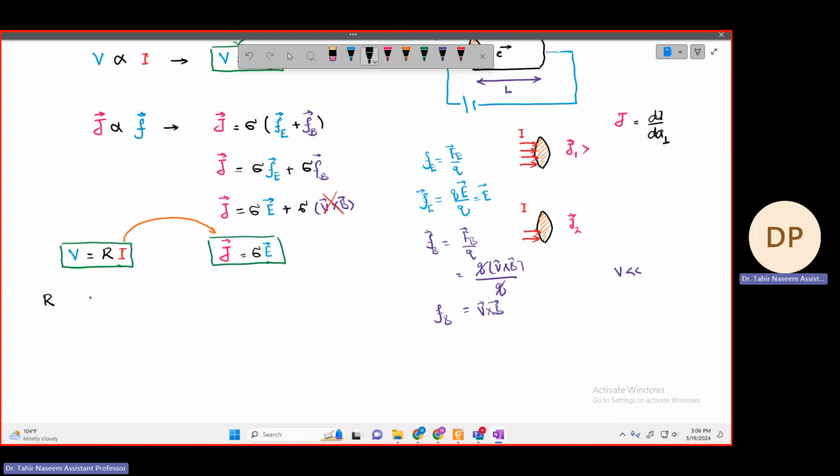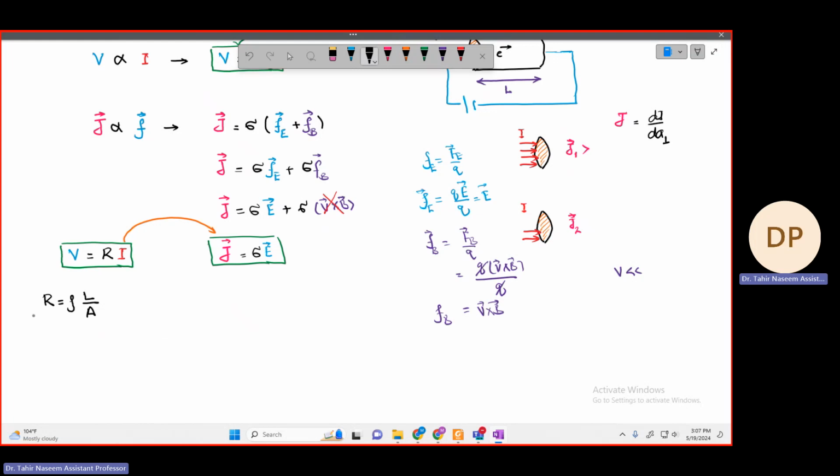resistance of a material is proportional to the length of the material. So if we have a longer conducting wire, the resistance will be larger. Let me write capital L, and it is inversely proportional to the area of the wire. So if we have a larger cross-sectional area, the resistance will be smaller. And in order to convert proportionality into a constant, we will write rho here.